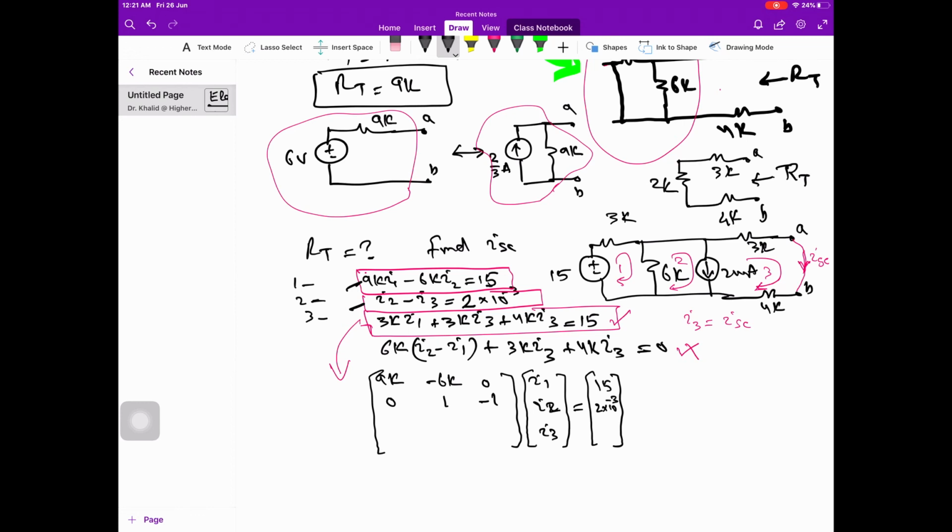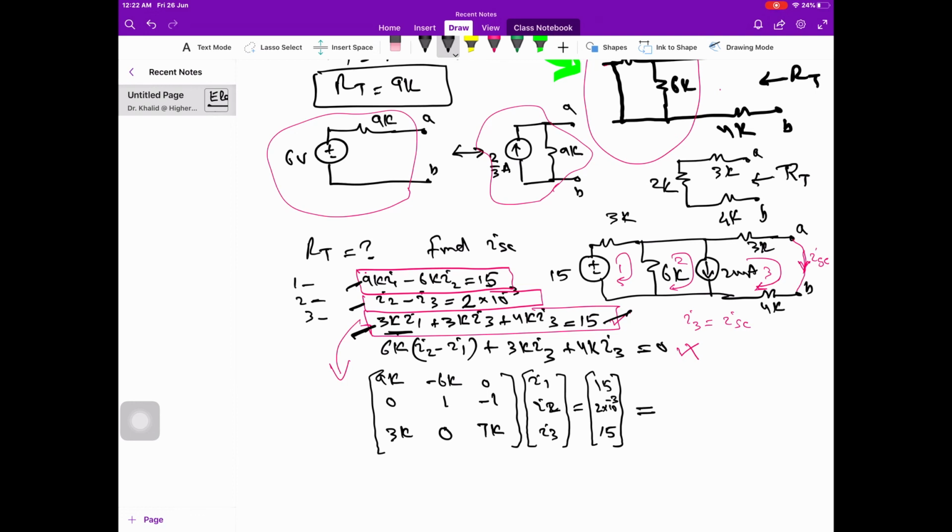See equation 2. Third equation, this is minus 3k I1 plus 3k... this one 3k plus 3k I1, and there is no I2 term, and I have 7k I3, and the right hand side is equal to 15.